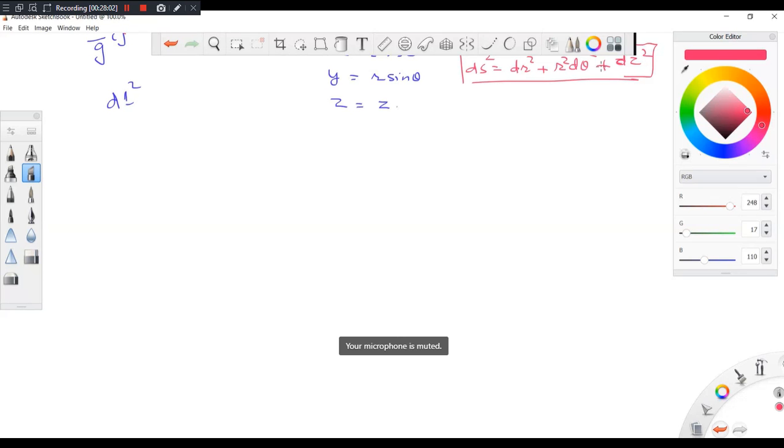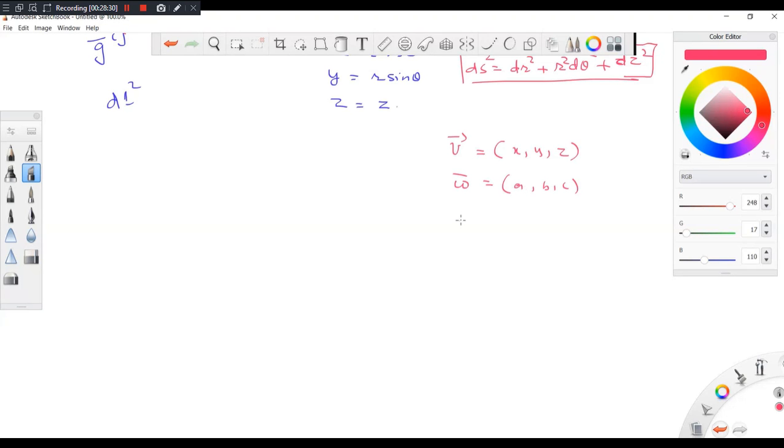Suppose V bar is a vector in our Euclidean space, with components X, Y, Z, and W bar is another vector, maybe with components A, B, C. Then you talk about V bar dot W bar.